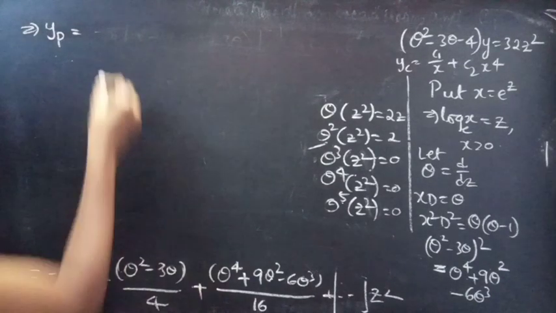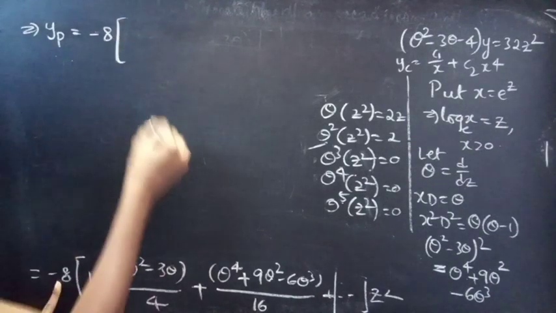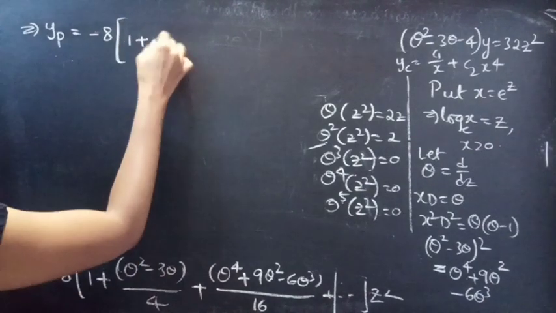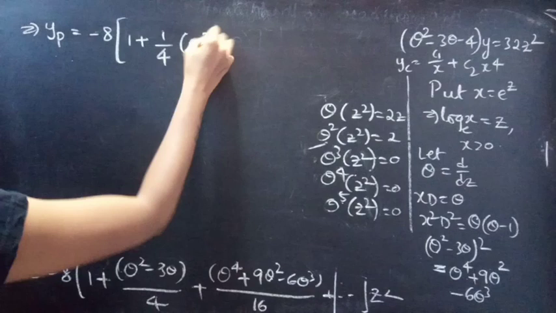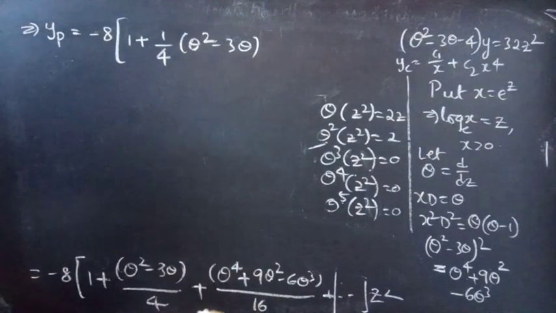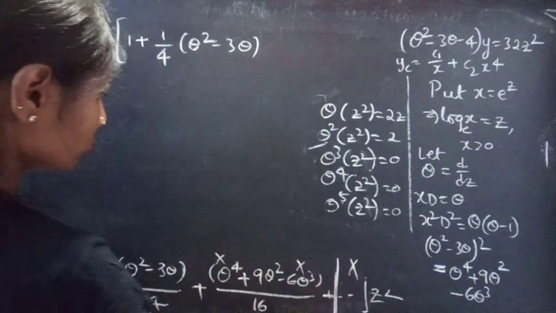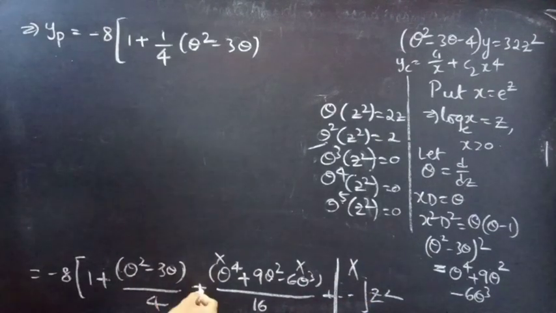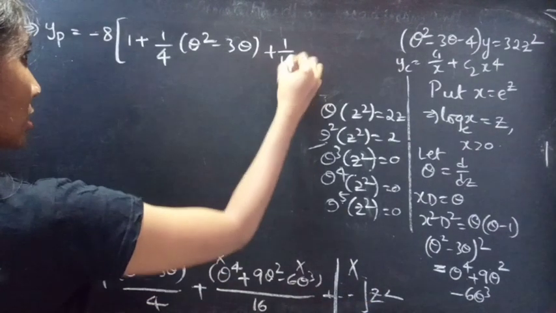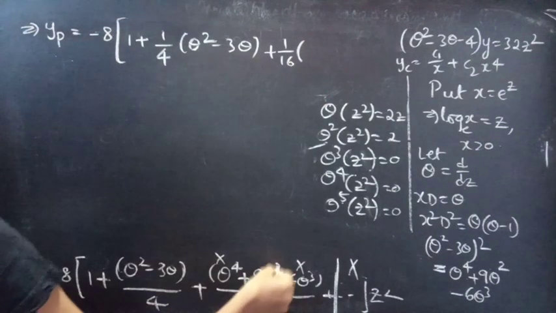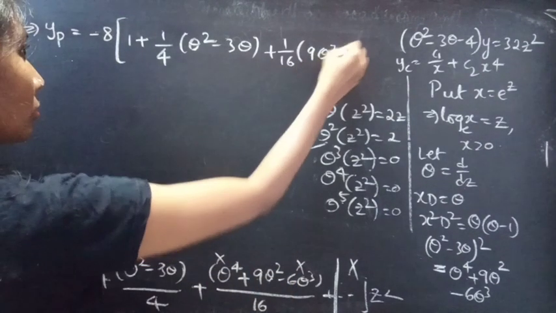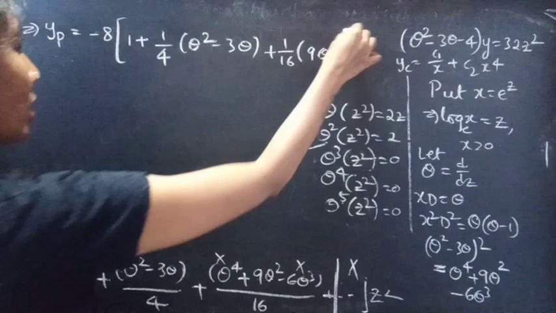Then yp becomes minus 8 into 1 plus 1 by 4 into (theta square minus 3 theta). I am going to neglect all the terms from here. Okay. Then I'll get plus 1 by 16 into 9 theta square, into z square.